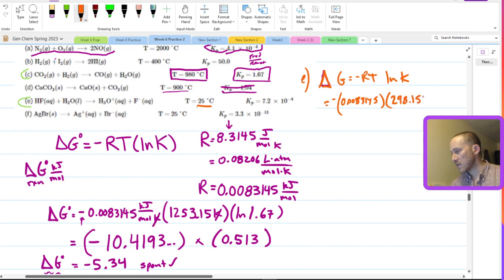Now this makes sense because this actually is at standard temperature. That's Kelvin. This was kilojoules per mole Kelvin, so our Kelvins just canceled. And now we're multiplying this by the natural log of the given K, which is 7.2 times 10 to the minus 4.